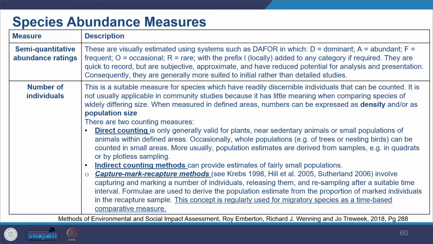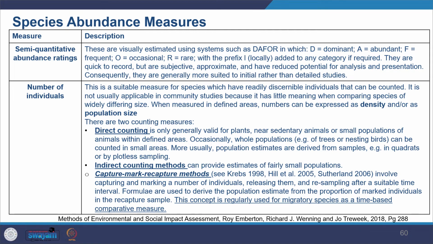And then further you can look at the number of individuals. This is the measure which is taken. So you see how many individuals of a species are there, and you can count and keep a number of that. This is particularly used for individual species. However, this is not suitable for community study, where you study the entire community.